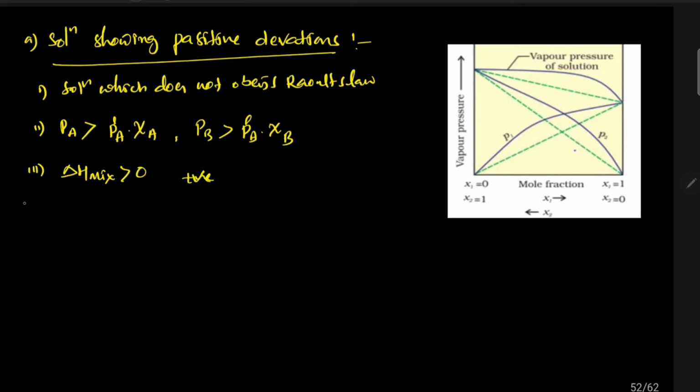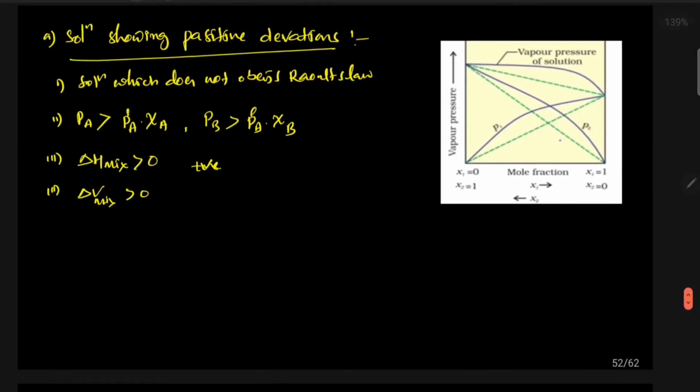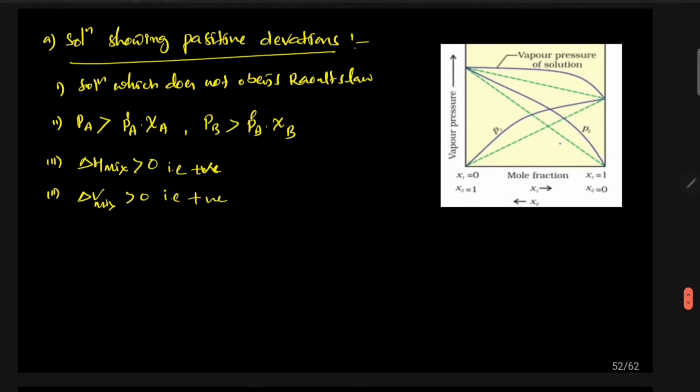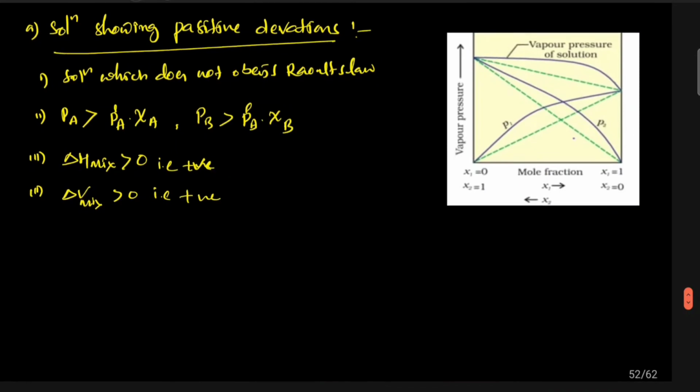Next, the fourth characteristic is that delta V mix is greater than 0, which means delta V is positive.